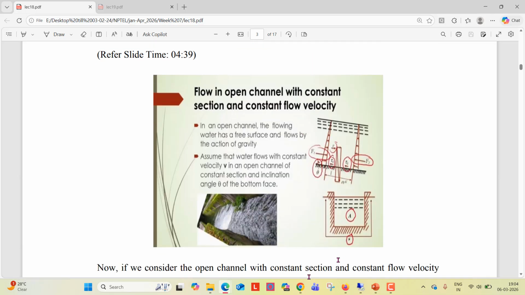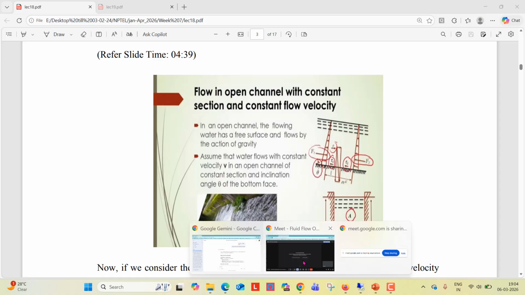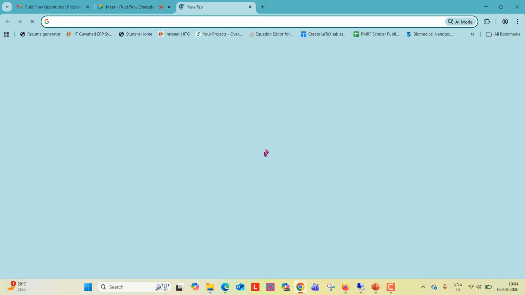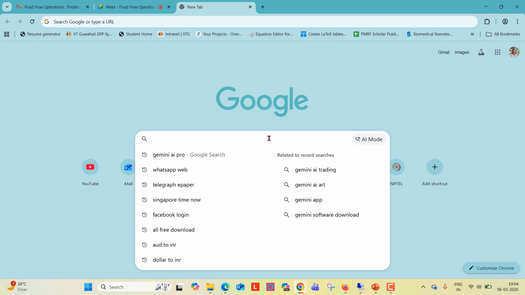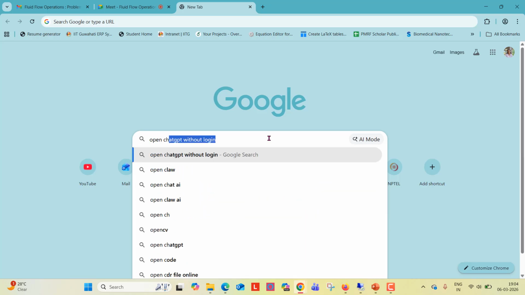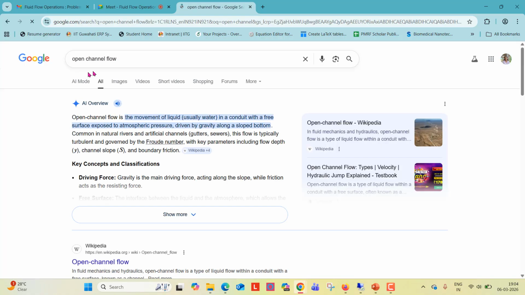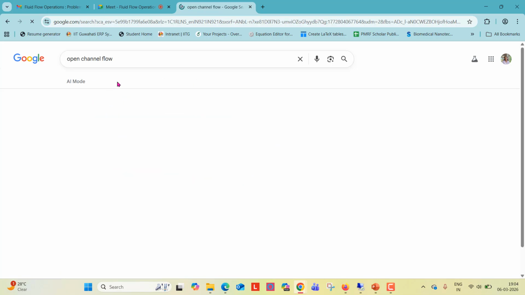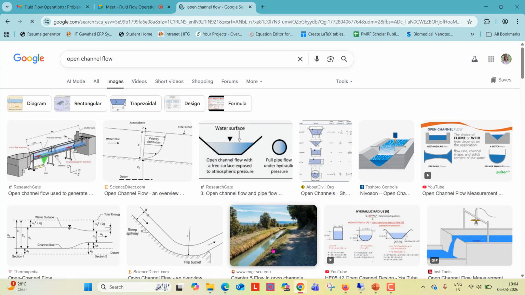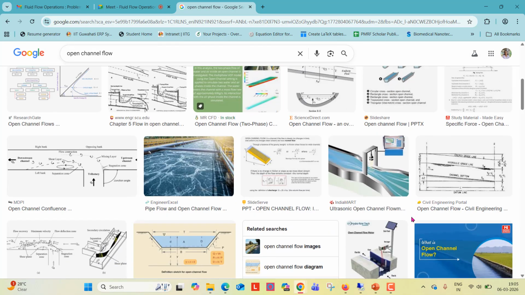So this is a kind of example. Here also you can see an open channel example. All the rivers, all the drains, and all the types of natural flow you find in our surroundings are open channel flow, but these are all on a macroscopic scale.